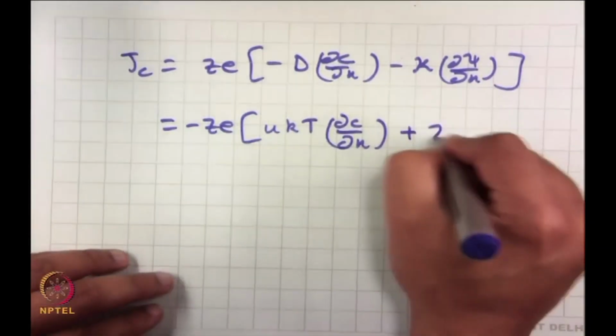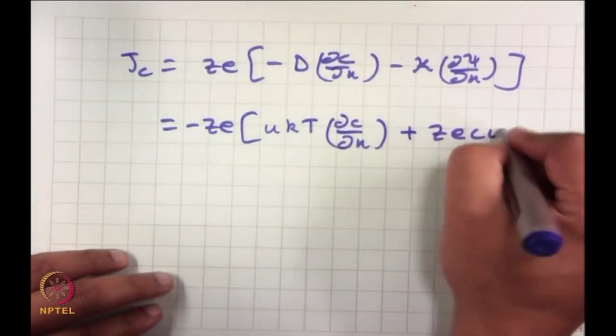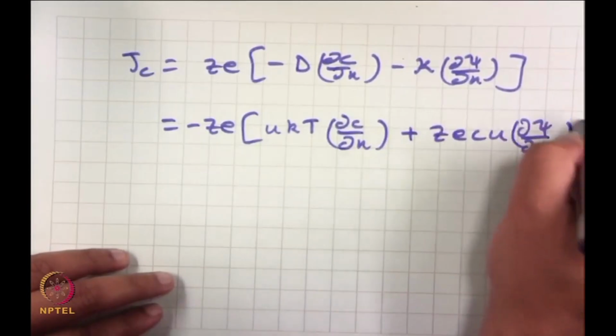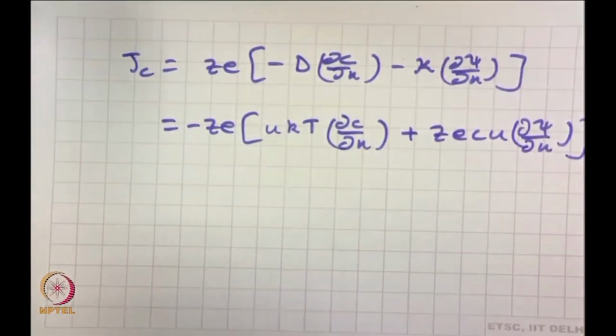Kappa was Z E C U del C over del of x. So, you can see this flux is related to the mobility. Mobility is obviously related to diffusion too. It just tells you how mobile that ion or that specific species is.